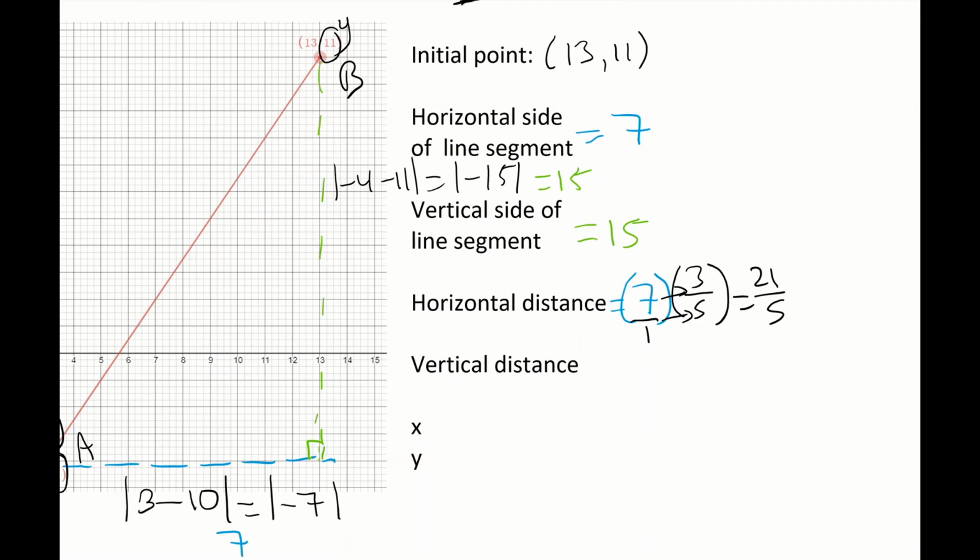Then we convert that to a decimal. 21 divided by 5 is 4 with a remainder, so this will be 4.2. Now let's do the vertical distance. We take the 15 for the vertical side that we got earlier and multiply it by the fraction 3/5. Again, put 15 over 1, multiply straight across. That gives us 45 over 5, which is 9.